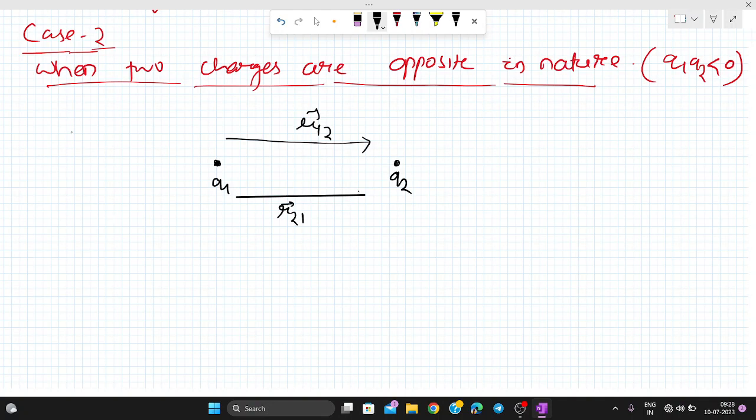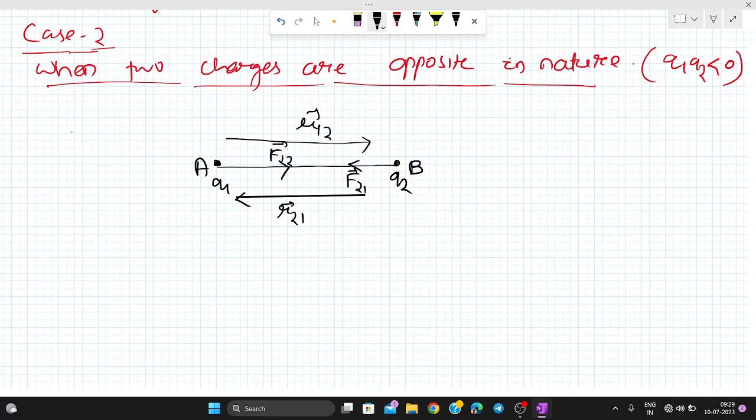Let's give it points A and B, and the forces acting between the centers are F12 and F21, the force acting on charge q2 due to charge q1.